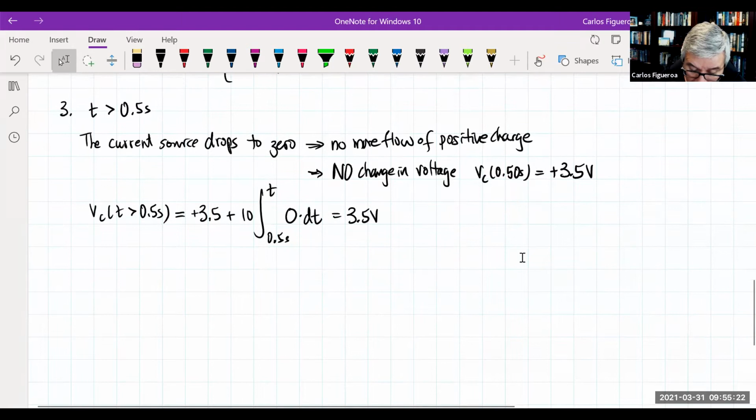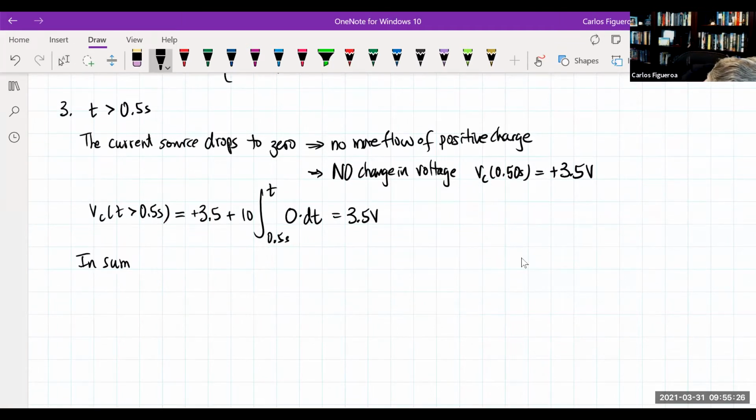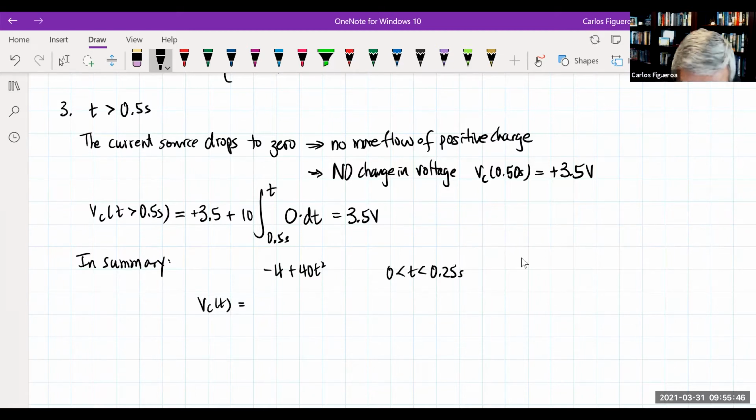So in summary, we have three intervals. We know that the voltage of the capacitor has to look like this here. It has to be minus 4 plus 40 t squared, and this is between 0 and a quarter of a second.